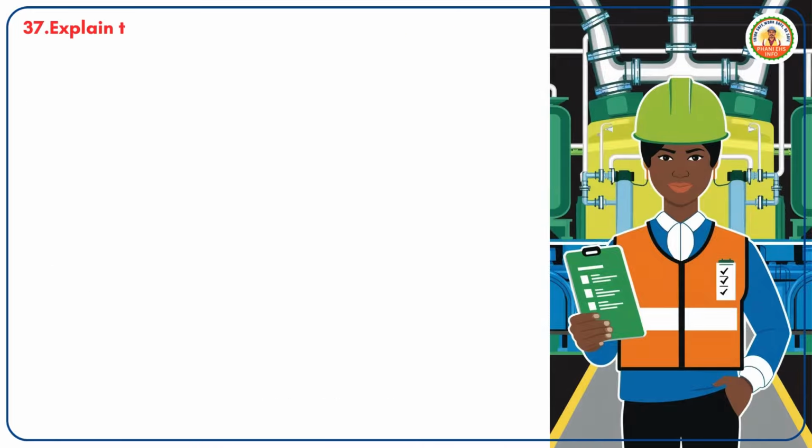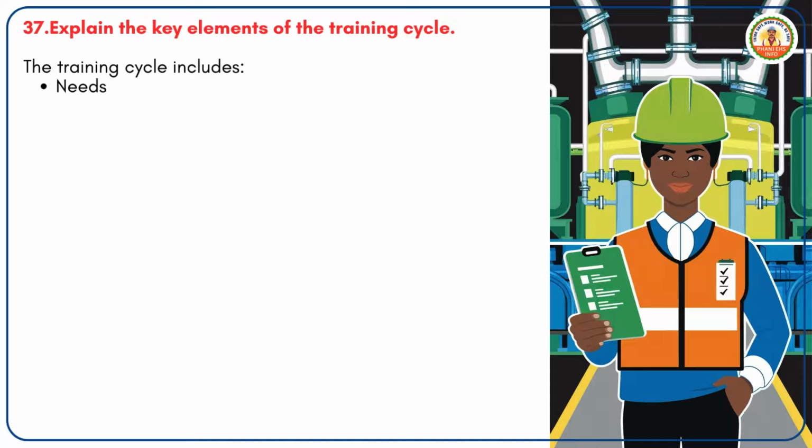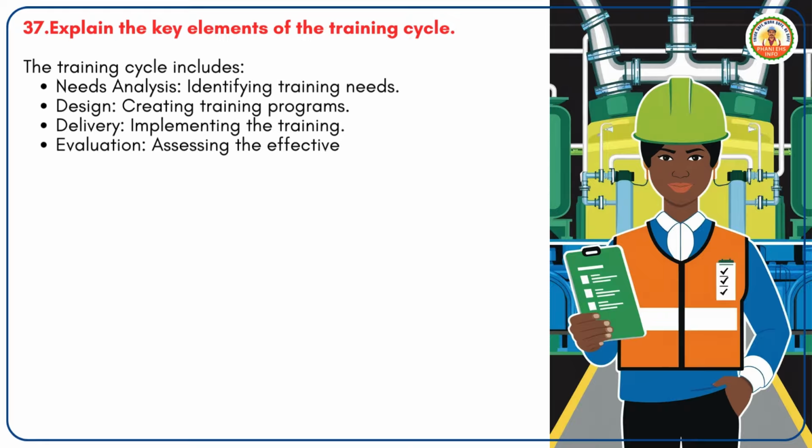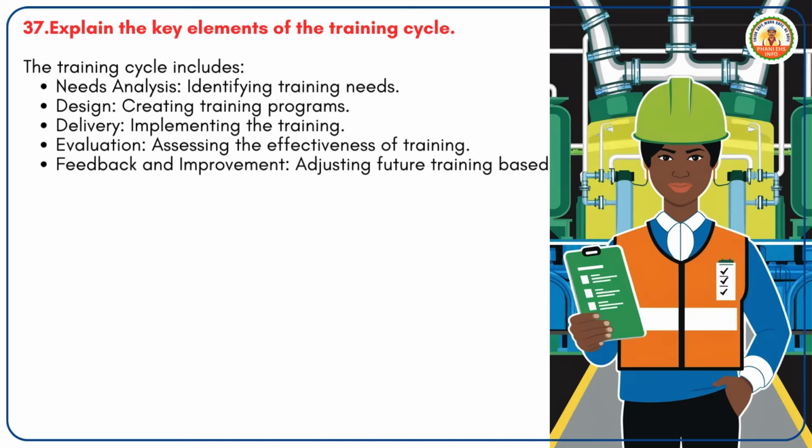37. Explain the key elements of the training cycle. The training cycle includes needs analysis, identifying training needs. Design, creating training programs. Delivery, implementing the training. Evaluation, assessing the effectiveness of training. Feedback and improvement, adjusting future training based on feedback. 38.